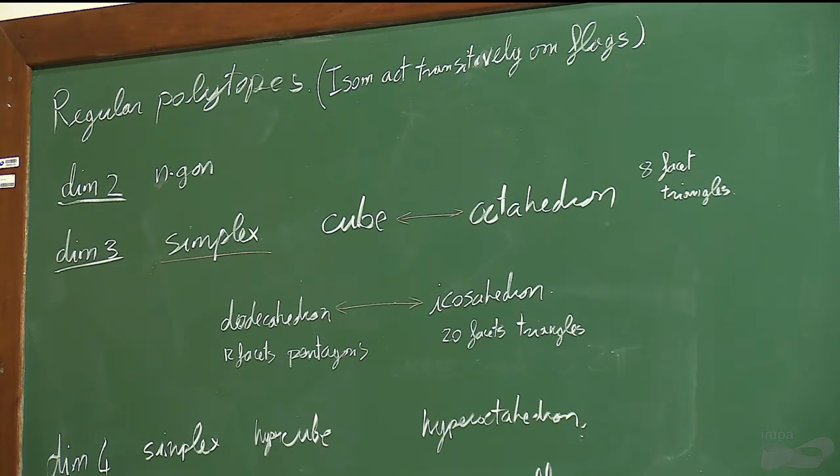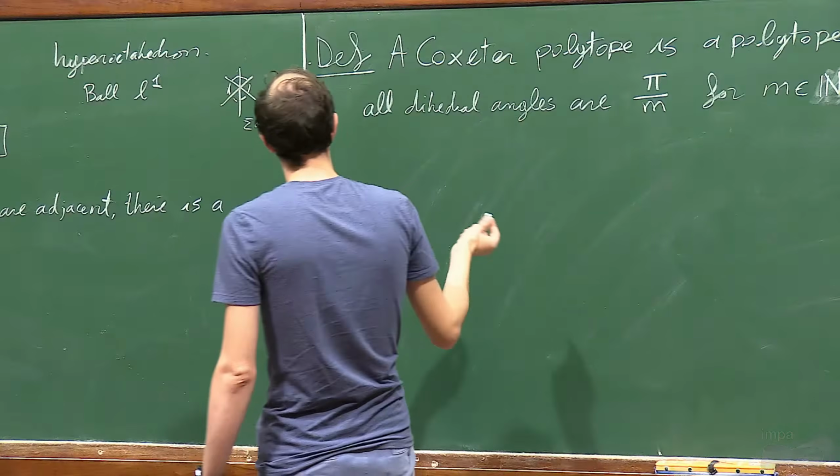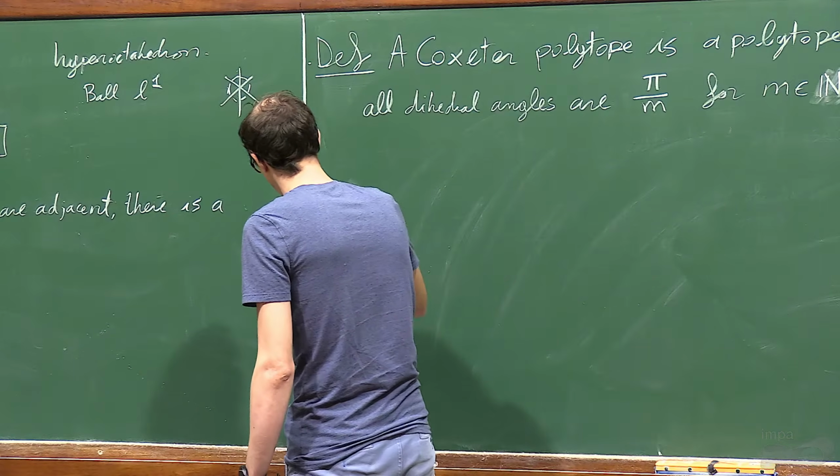Okay, so we go back to Coxeter polytopes, and they are connected to Coxeter groups.